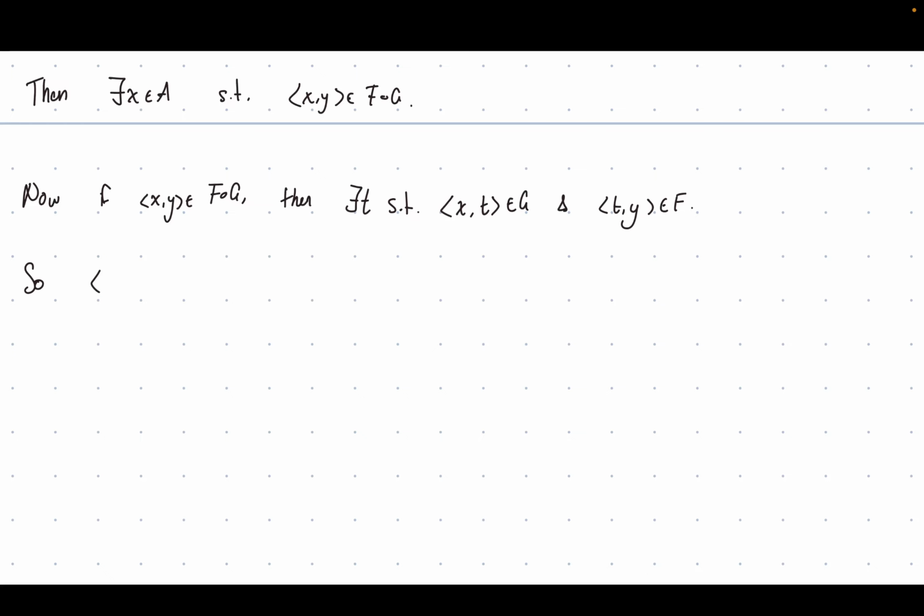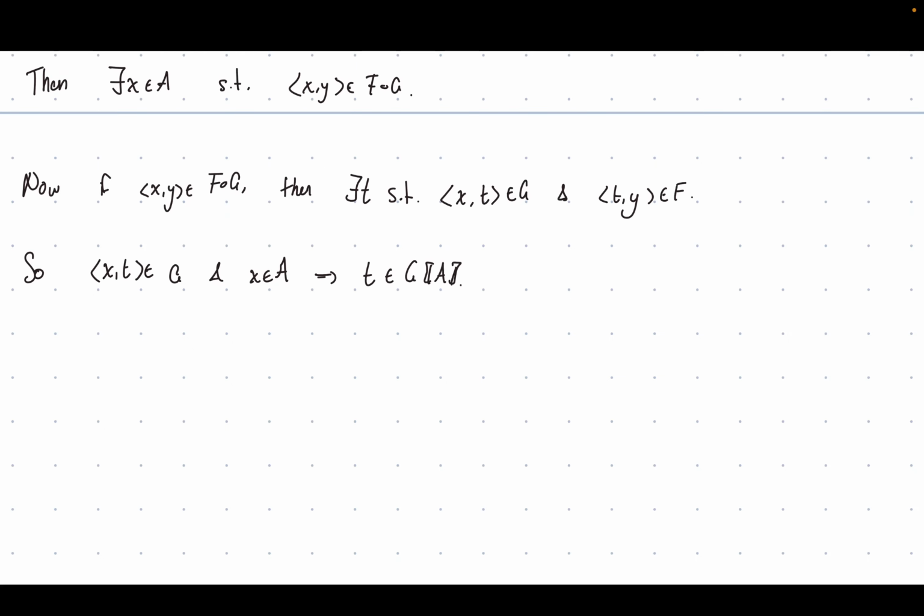So we have that X comma T is in G and X is in A, which implies that T is in the image of G under A. Then we also have that T comma Y is in F and T is in the image of G under A, which implies that Y is in the image of F under the image of G under A.